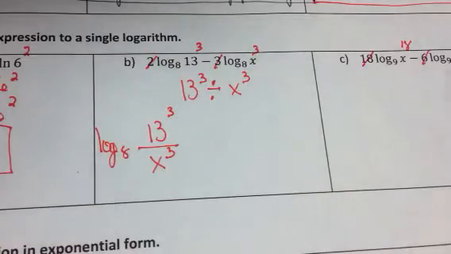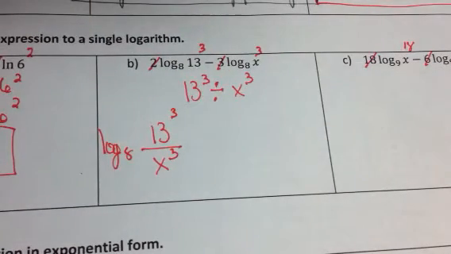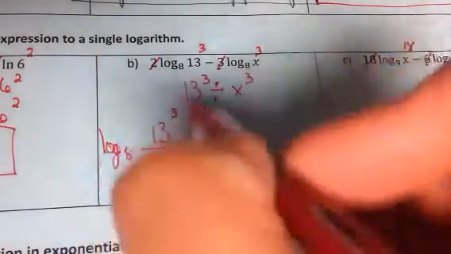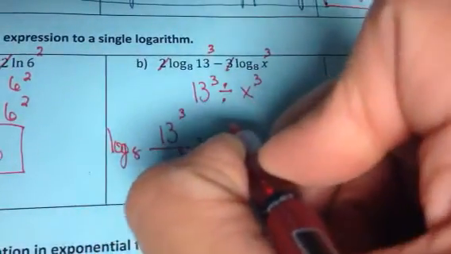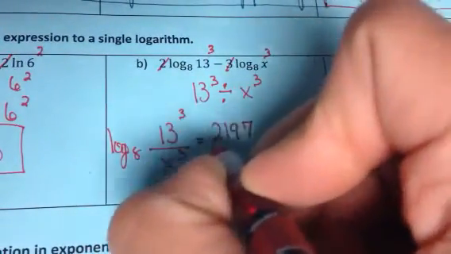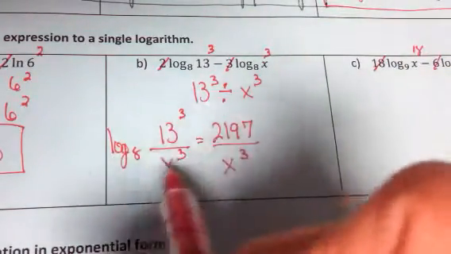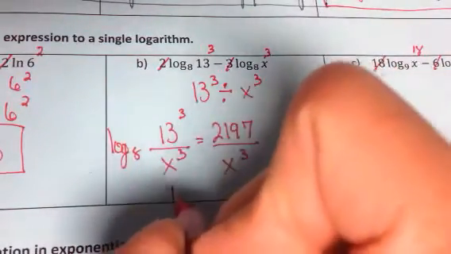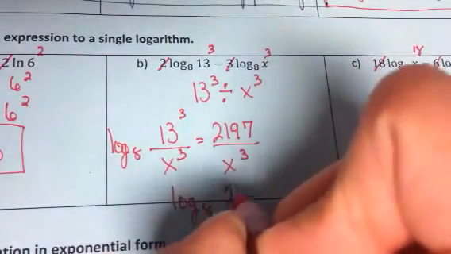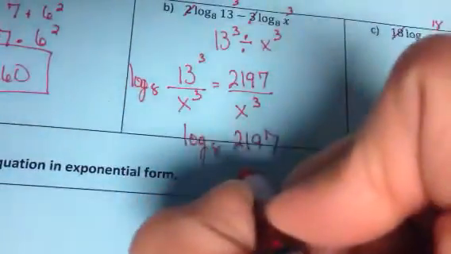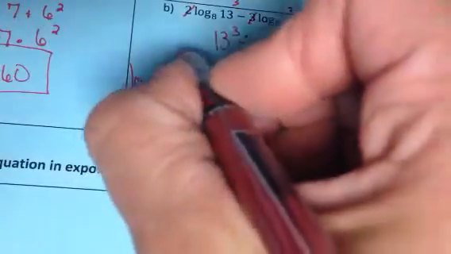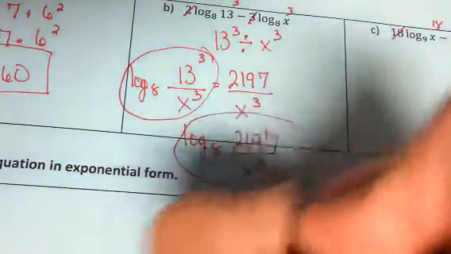So have your calculator out. I'll switch it to that so that it is 13 cubed. Again, that's just 2197 over x to the third. So whether you have log 8 with this or log 8 with this, this is a great answer. This is also a great answer.